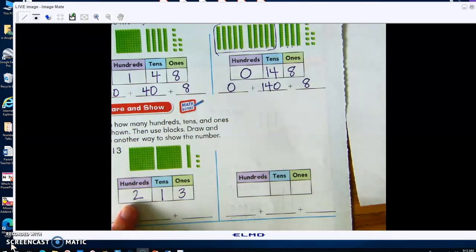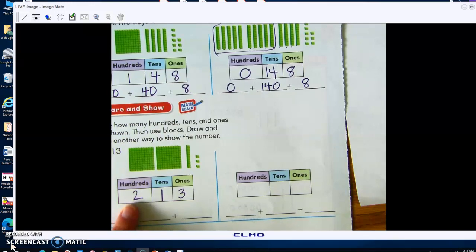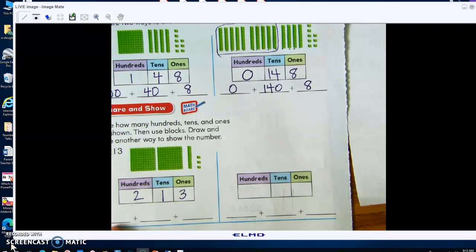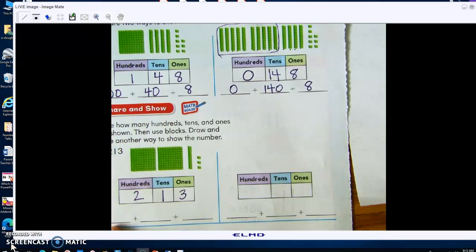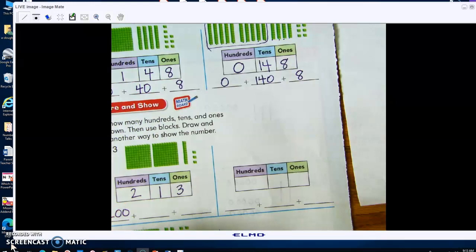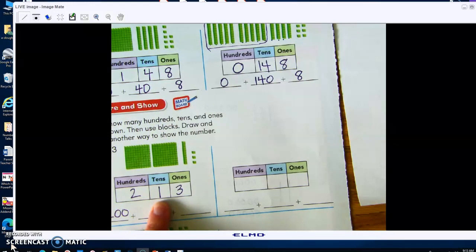What is the value of my 2 here, Sydney? What do I write here? Help her out, Grant. 200. What is the value of my tens, Emma?